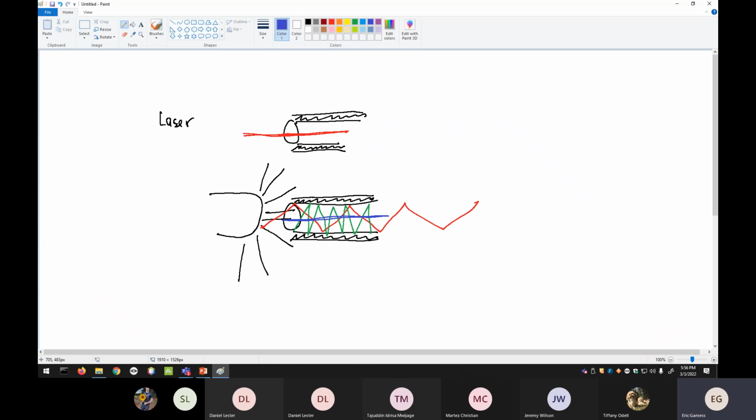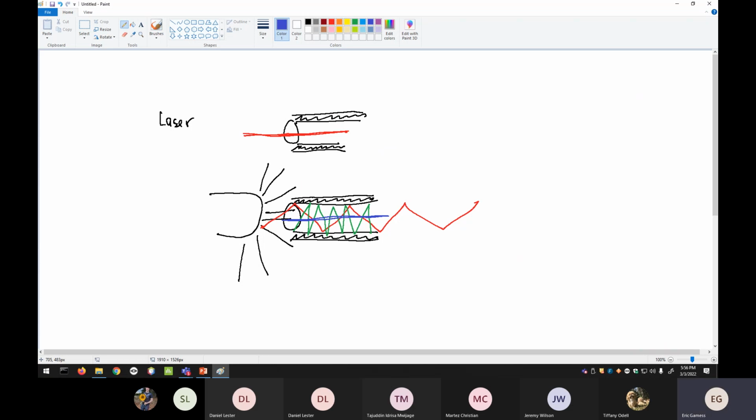Which one will arrive to the remote device first? The blue one, exactly. Why? Because it doesn't bounce. So the second one that will arrive will be what? The red one. Because the path that the red one has to do is smaller than the path that the green one has to do.